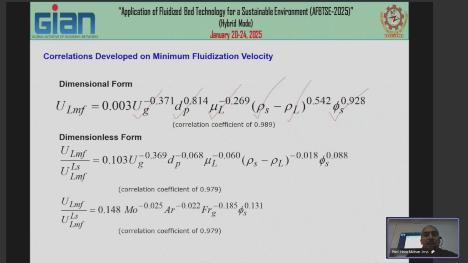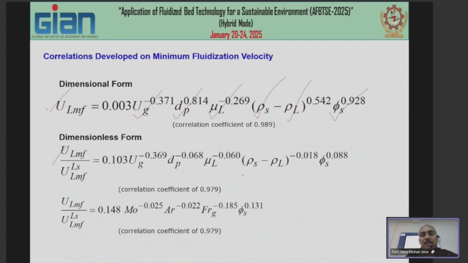The first equation is in the dimensional form, another equation is in the dimensionless form. Dimensional means the liquid minimum fluidization velocity is in meter per second or centimeter per second, having a dimension and a unit. Whereas the dimensionless form is the ratio of the liquid minimum fluidization velocity to the liquid minimum fluidization velocity in the liquid-solid system only, where no gas is there.